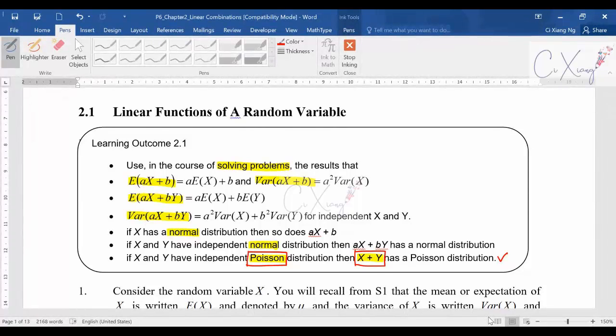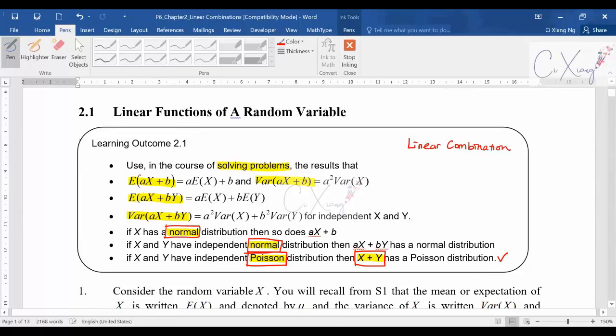Okay, so for today's lesson, we are going to focus on how to use all the concepts to find the mean and also the variance, and then apply them in a normal distribution. Okay, and then what is the meaning of linear combination? Linear combination generally is what you see here, right?